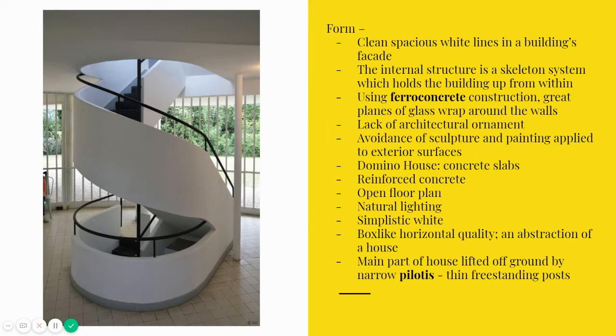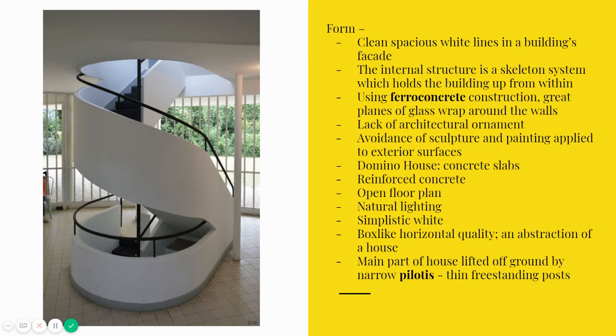In terms of form, we have very clean, spacious white lines on the facade. The internal structure is a skeleton system, so that's very, very important. The international style is known for that, which we learned about from the Carson Pirie Scott building. That is the structure of support, right? The skeleton system. And then once you have that skeleton framework, you cover it with your facade.